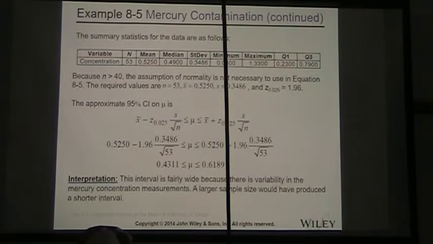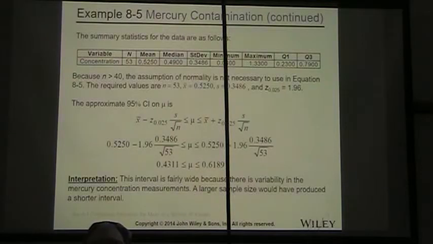All right, so our example continues. Summary statistics for the data are as follows. Our variable is concentration of mercury. Our sample size is 53. The mean in parts per million is 0.5250. The median is 0.4900.